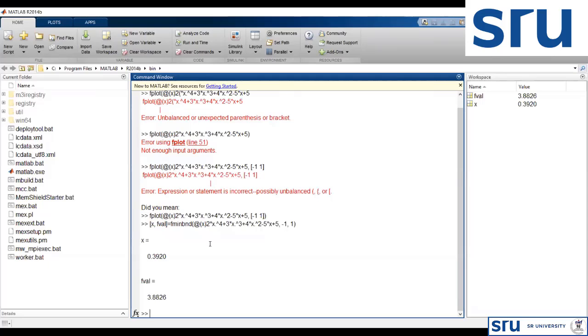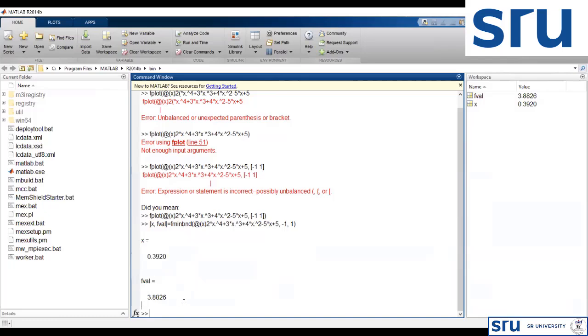Now you will get the minimum value of that function. This is the point of minima, and this is the function value at the minimum point.